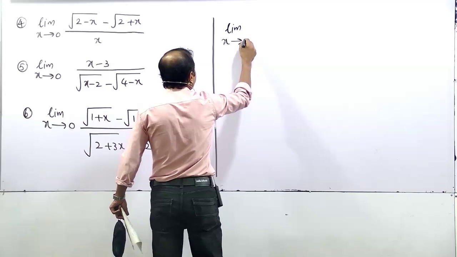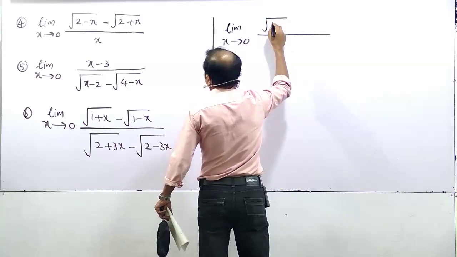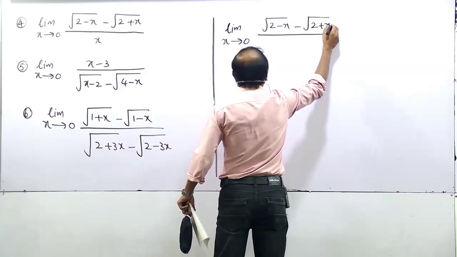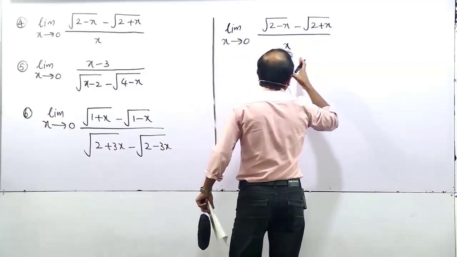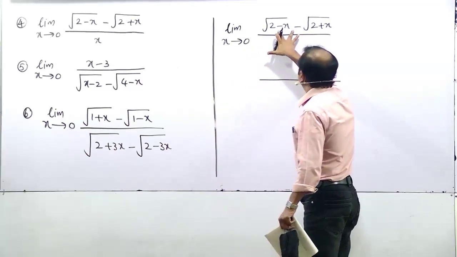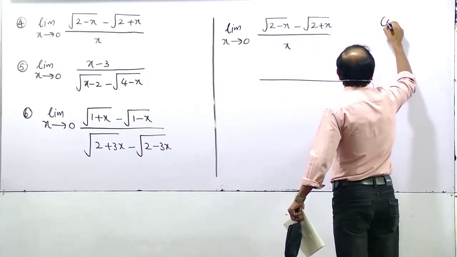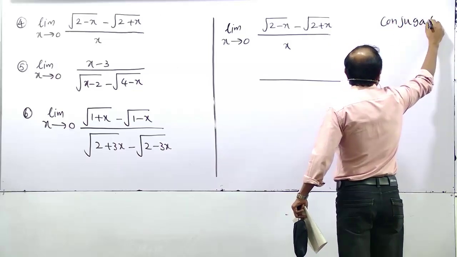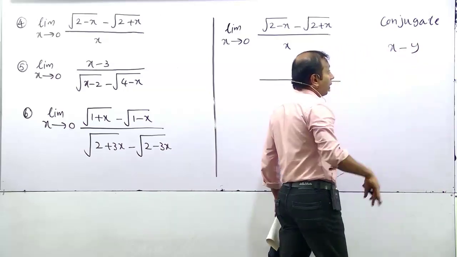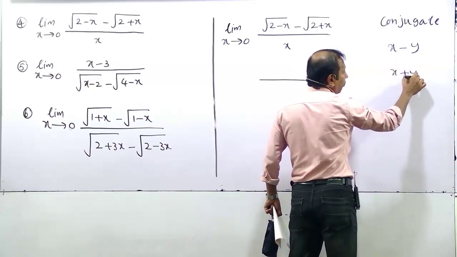Limit x tends to 0, right? Here, root 2 minus x minus root 2 plus x, divided by x, no? Now we multiply this by the conjugate of the numerator. The word to remember is conjugate. Conjugate is defined like this: if we have an expression x minus y, its conjugate is obtained by changing the middle sign to the opposite, x plus y.